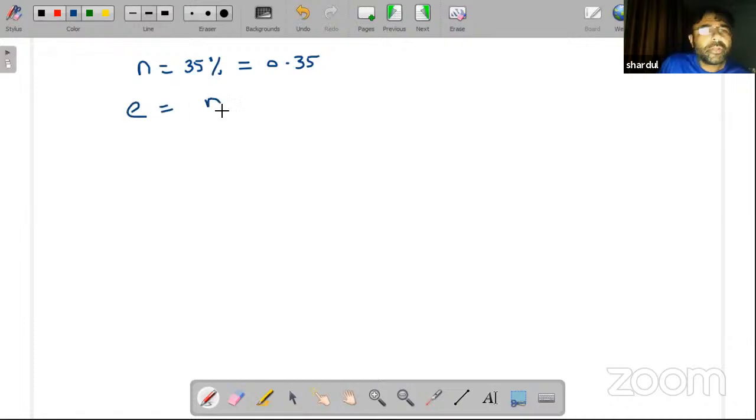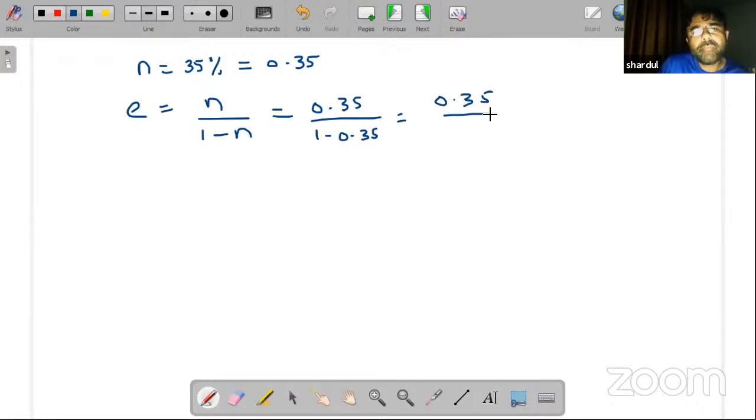So the value of e will be n upon 1 minus n, so it will become 0.35 upon 1 minus 0.35, which is 0.35 upon 0.65. What will be the answer? 0.35 divided by 0.65 is 0.538. This is the value of your void ratio.